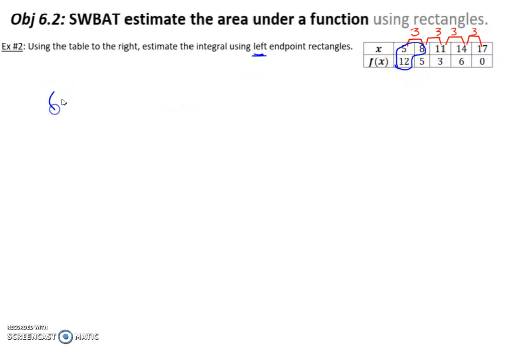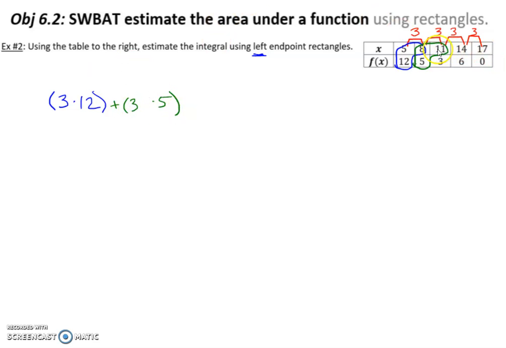So our first base times height is base is 3 times the height is 12. Our next one goes from 8 to 11. The height on the left is 5 and the height on the right is 3. And so since we're using left endpoint rectangles, our base is 3 and our height is 5. So I'm going to add 3 times 5.